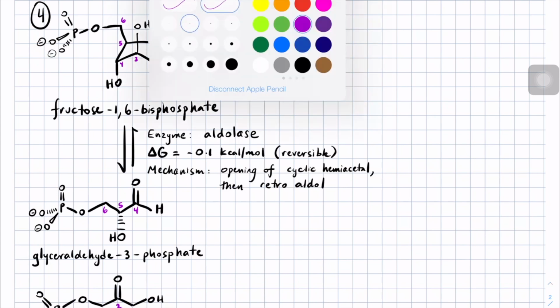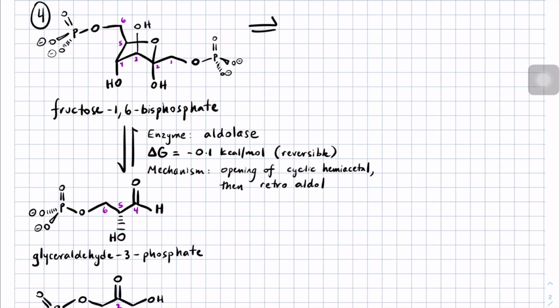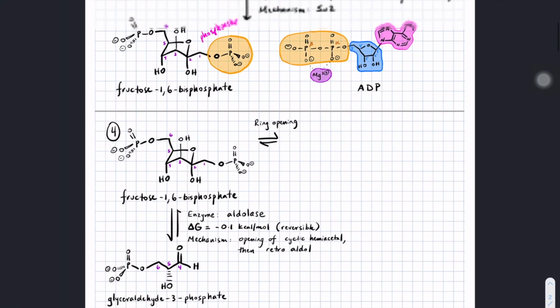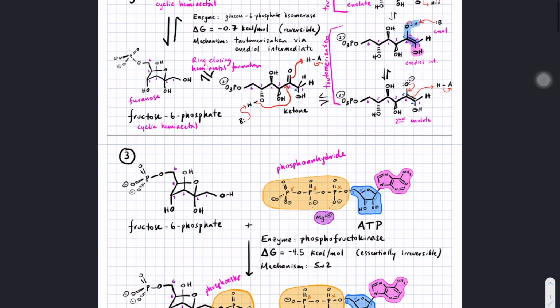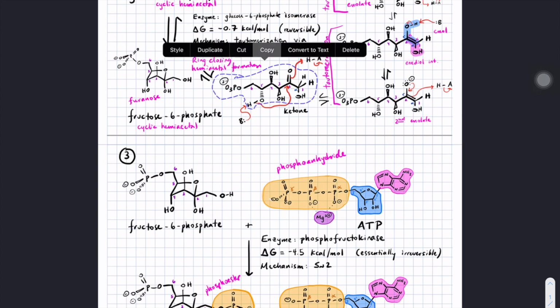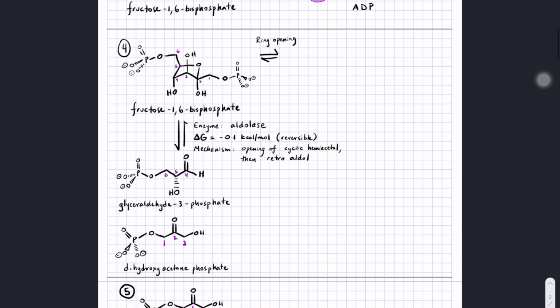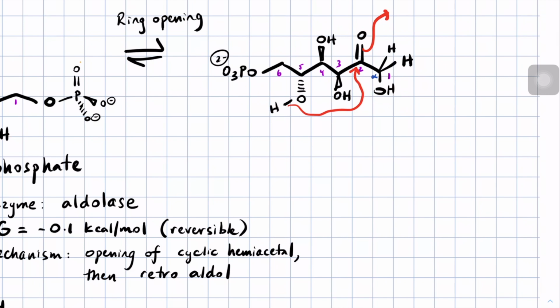All right. So first step is going to be hemiacetal ring opening. I already showed you how to do that before, so I won't repeat it here. And we'll draw the ring opened form of fructose and then we'll just need to modify our drawing just a little bit so that we have everything in the right place.